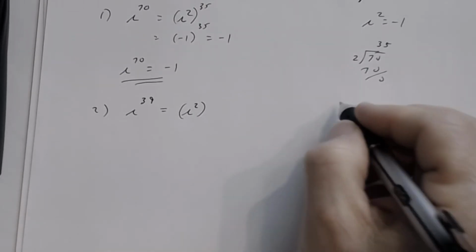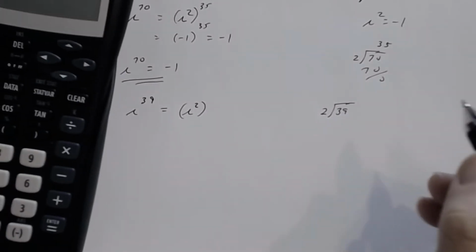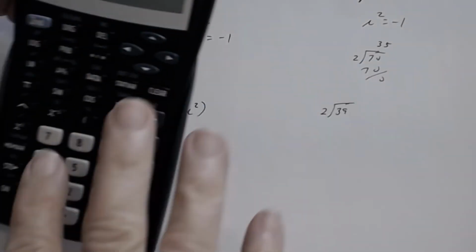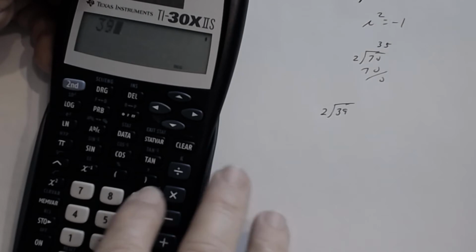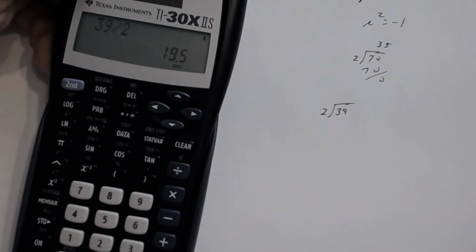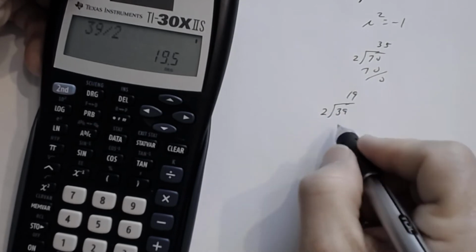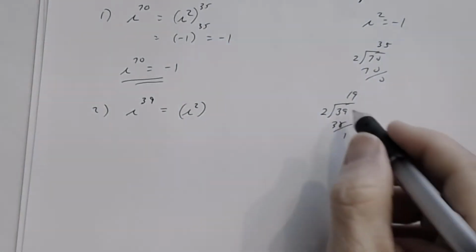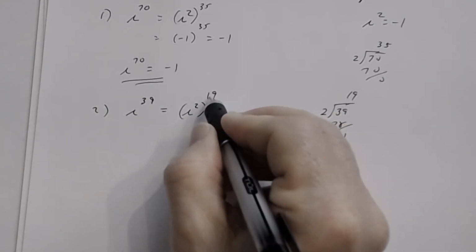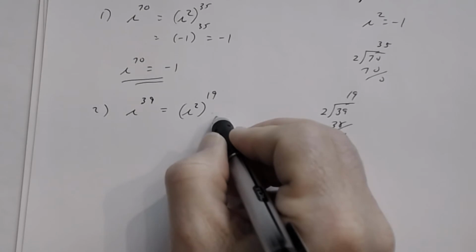So 39 divided by 2 gives me 19, and 19 times 2 is 38 with a remainder of 1. So this becomes 2 times 19 is 38, and then times i.